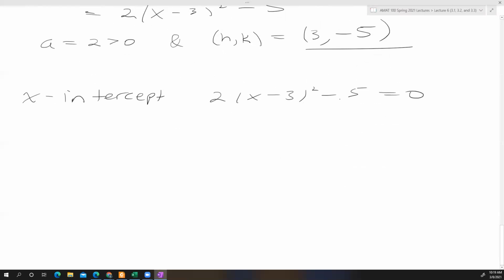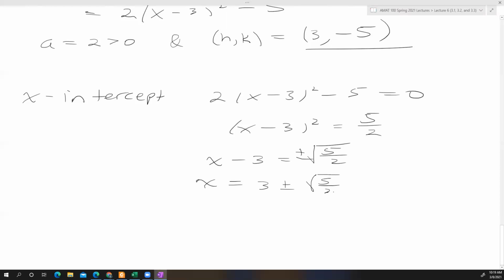And then we can add 5 to both sides and divide by 2. So we get 5 over 2, and then we can take the square root. And we get plus or minus root 5 over 2, and then we can add 3 to both sides to get this.